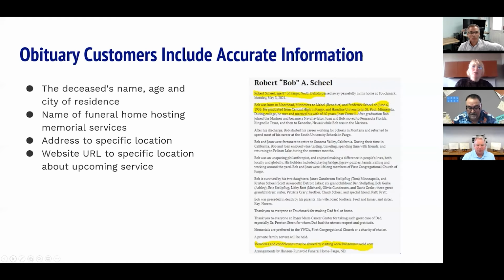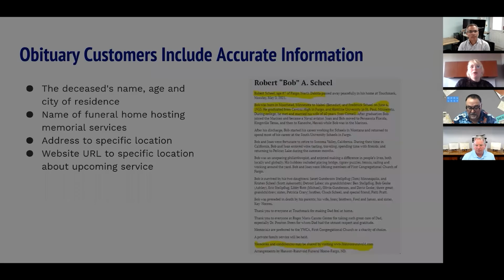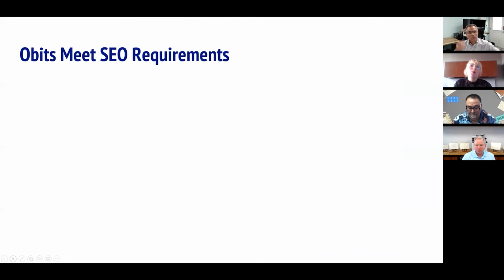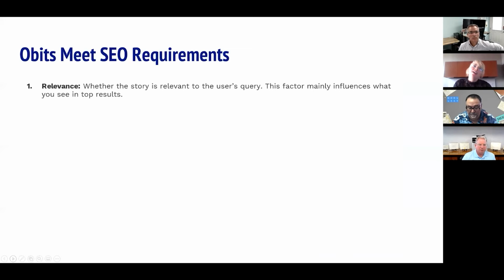So if we want to click to the next slide, Devin, that would be great. Why does including this information help to drive digital traffic? Because it helps any site meet any search engine's requirements. Any search engine, particularly Google, the most prominent one, measures on these things. Number one, relevance: whether the story is relevant to the user's query.